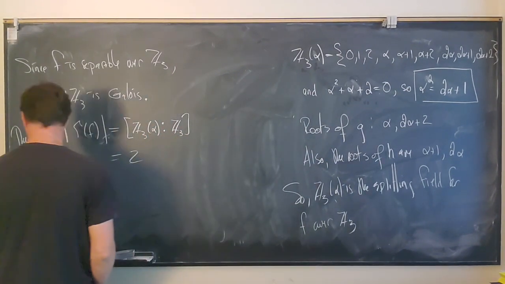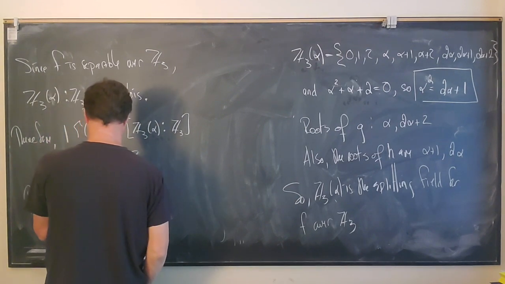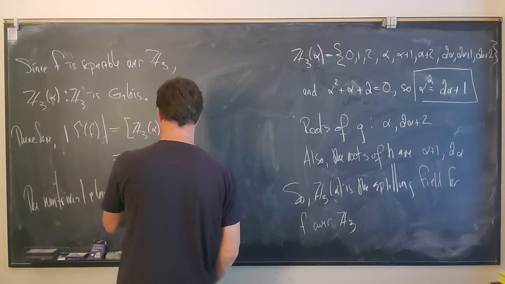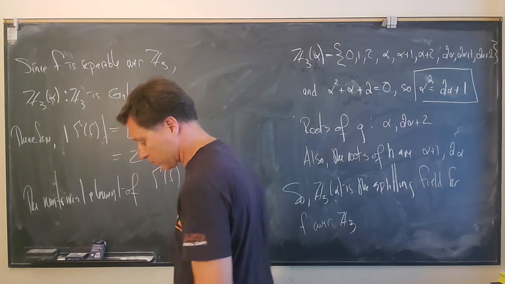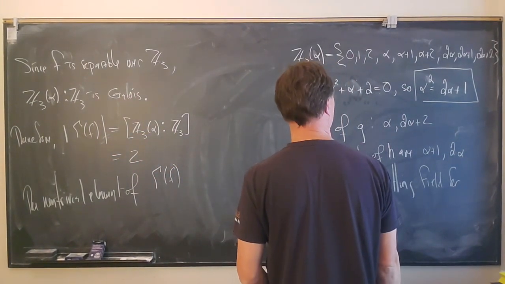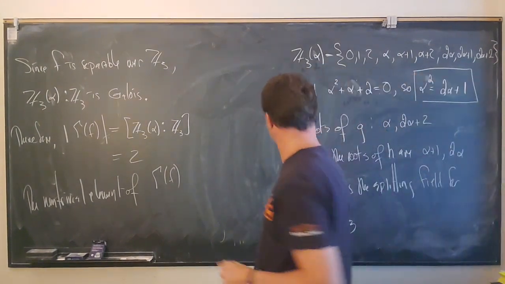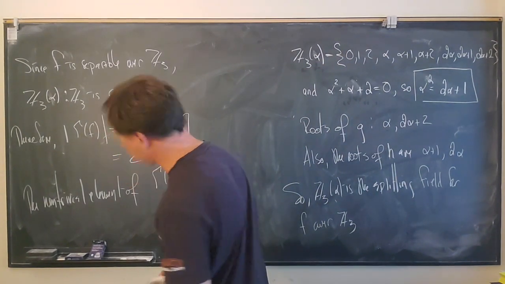So the non-trivial element of gamma of F is defined by, where'd my roots go? Oh, by taking alpha to 2 alpha plus 2. Yeah.